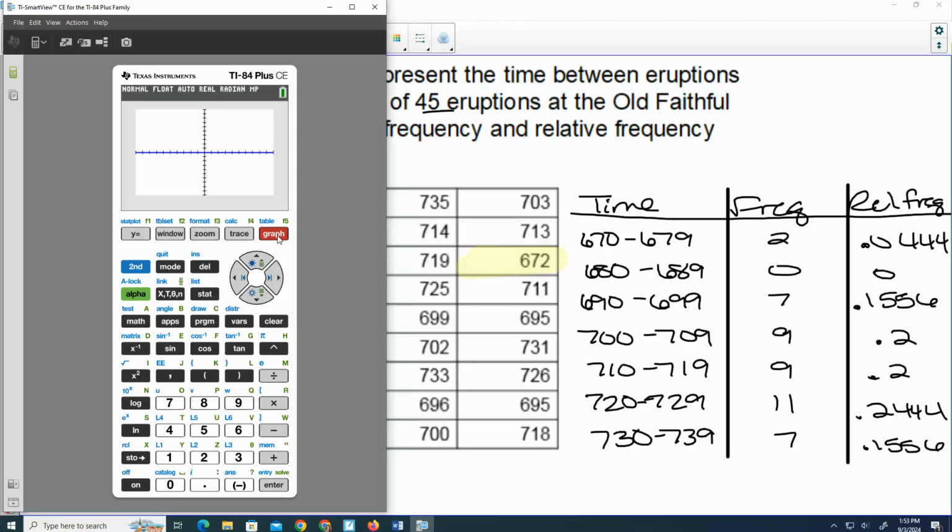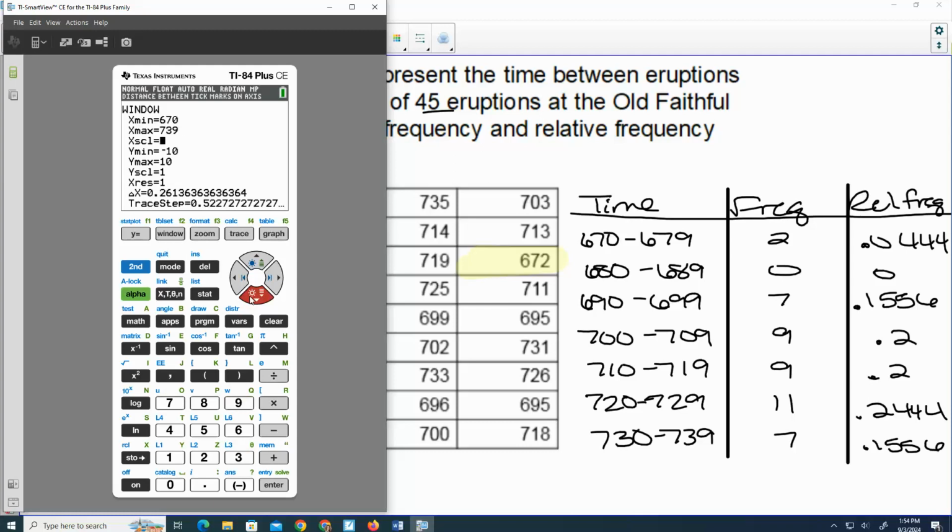So I'm going to go into Window now. All right, is everyone with me? So we're in Window. You notice our x's are set to be between -10 and 10, but look at the data we put in. Do we want to be between -10 and 10? No. Our smallest would be 670, and we ended our graph at 739.